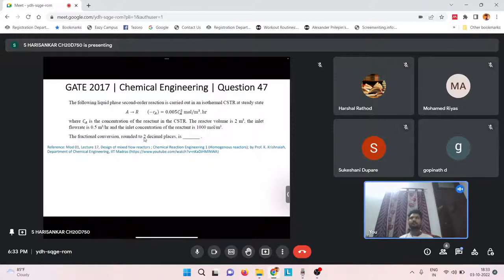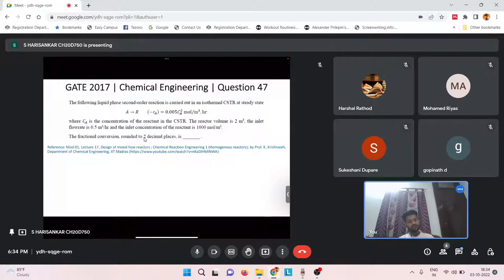So let's see this question. This is a question from GATE 2017 Chemical Engineering, question number 47. The following liquid phase second order reaction is carried out in an isothermal CSTR at steady state.